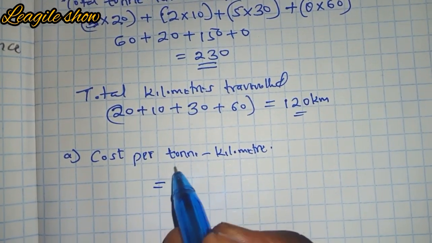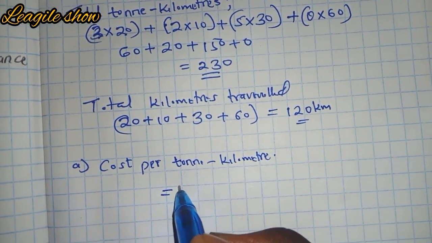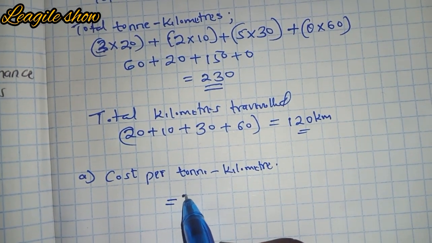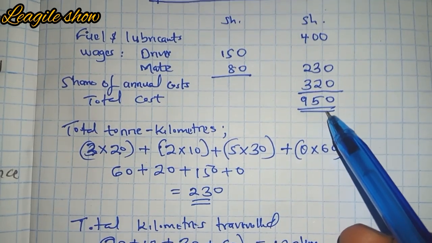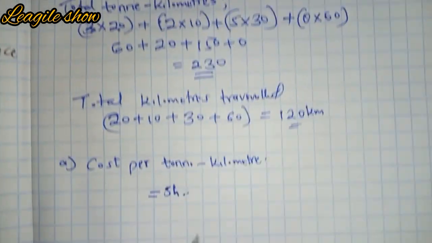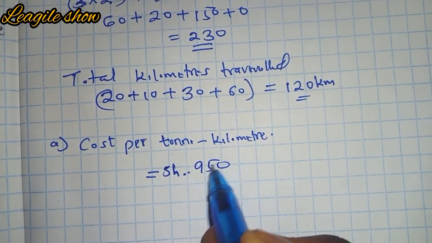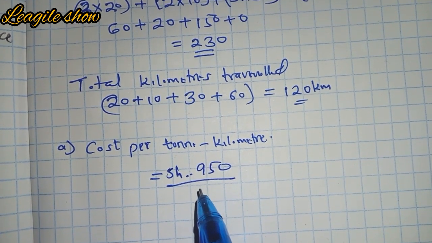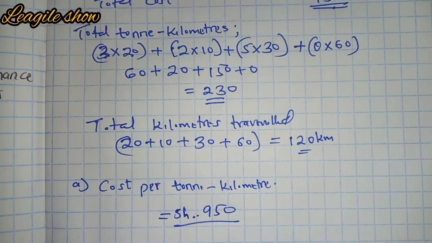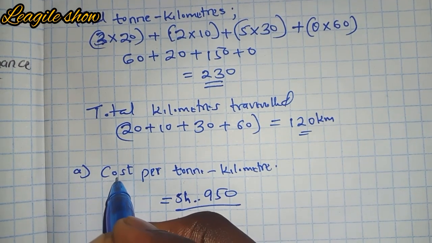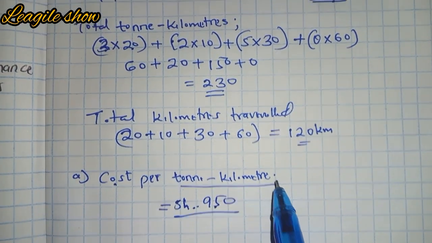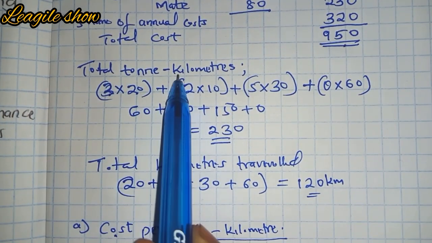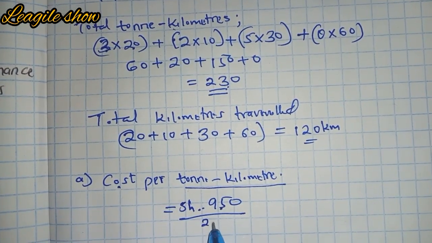So to get the cost per ton kilometer, we take the total cost, which was 950, and divide by the total ton kilometers, which we calculated as 230.